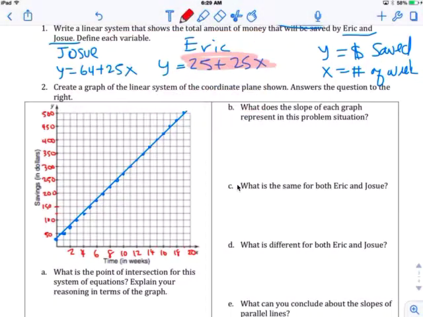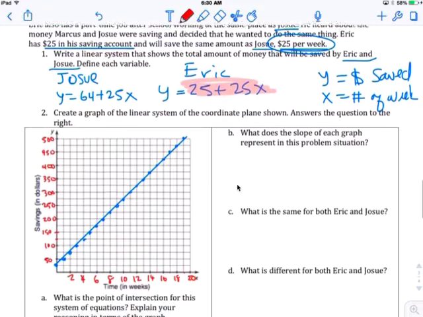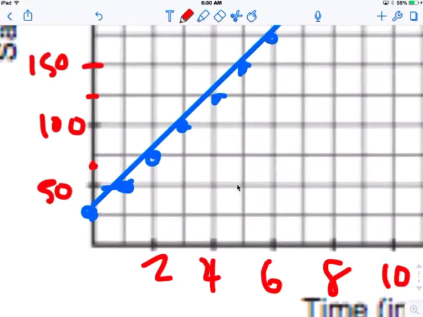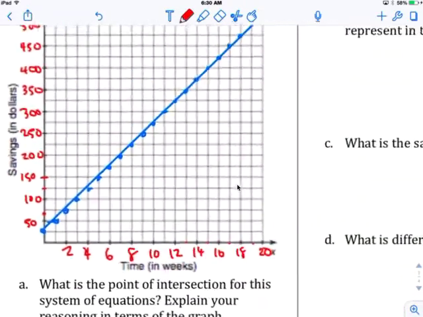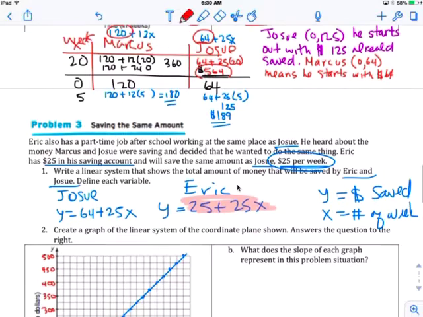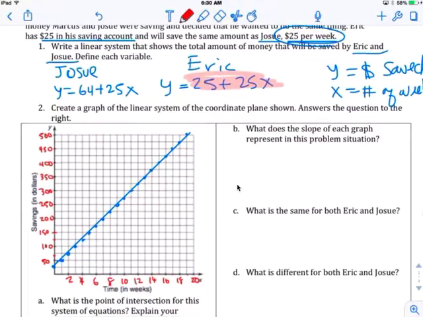Okay, now Josue, we got Josue up here starting out at $64, and then at 20, it's 564. So 20, 564 is all the way up here.